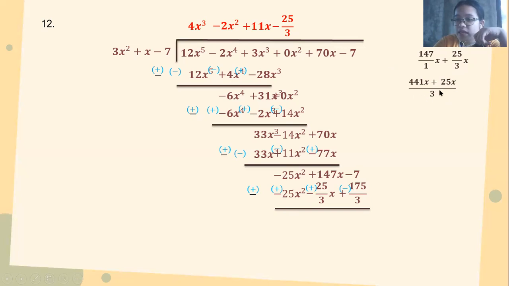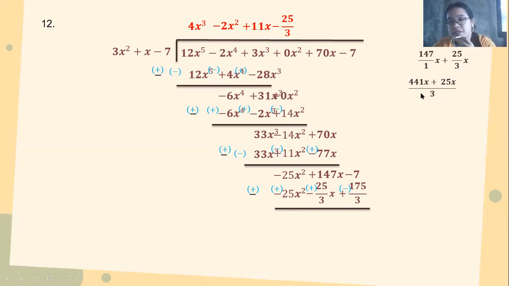Yung 3 na LCD natin dito, i-divide natin sa denominator ni 1. 3 divided by 1 is equals to 3 times the numerator, which is 147, is equals to 441x. Next, we have 3 divided by 3 is equal to 1 times 25. The numerator is equals to 25x.